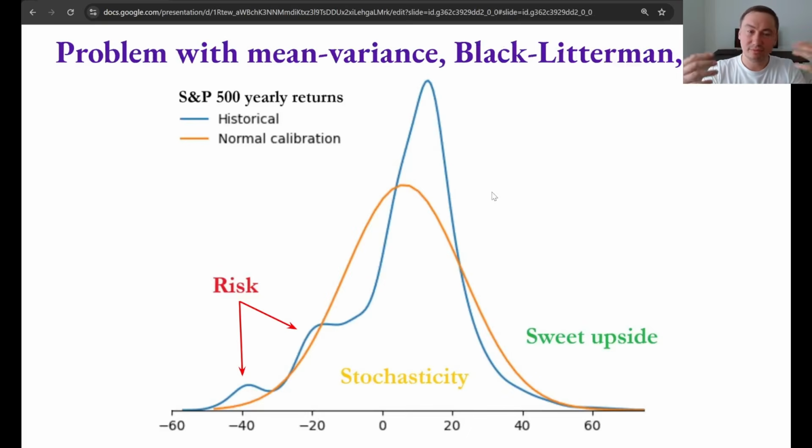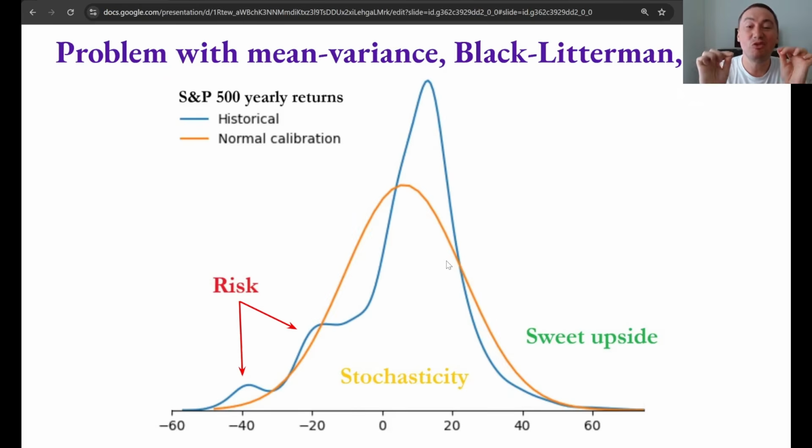All right. So this is a graph that I'm almost known for showing, just to summarize what's the big problem with mean variance, Black-Litterman, and all these variance-based approaches. And the fundamental problem is reality. Here you see the blue curve, this is S&P 500 returns since the year 2000, and the orange curve, this is the best possible normal calibration.